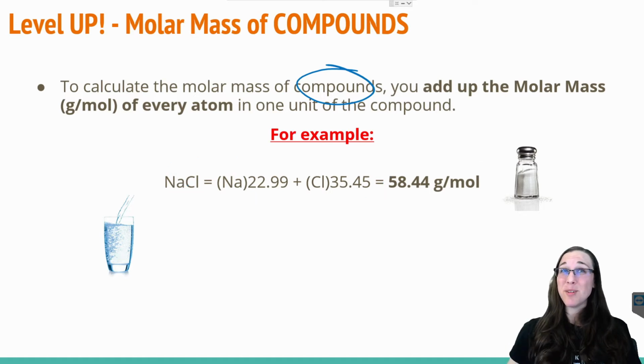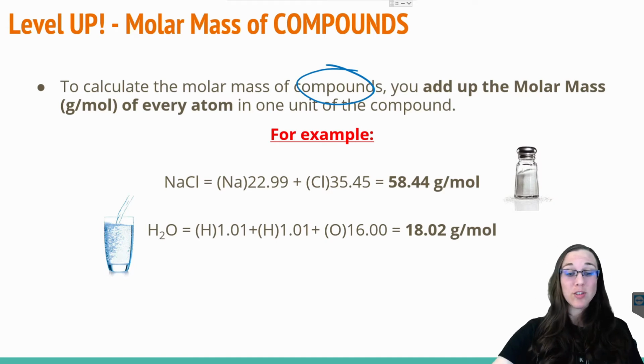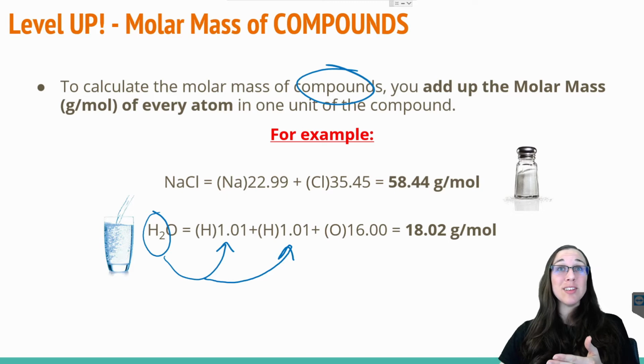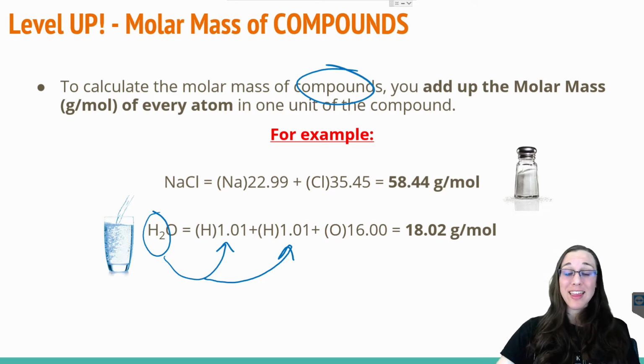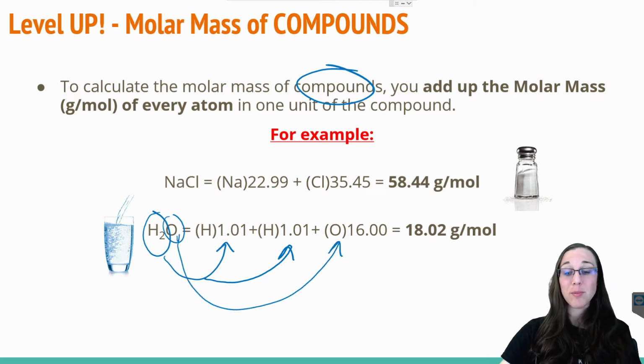Need another example? Let's try water. Water is H2O. In this case, we have 2 hydrogens, so I have to make sure that I account for both. I have 1.01 grams per mole per hydrogen atom, so I have to have that twice. And then I also have 1 oxygen in a molecule of H2O, which is 16 from the periodic table.